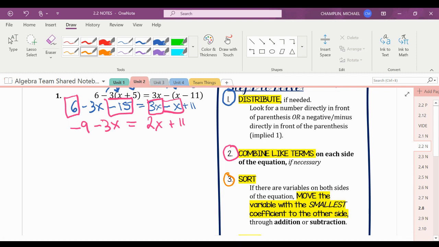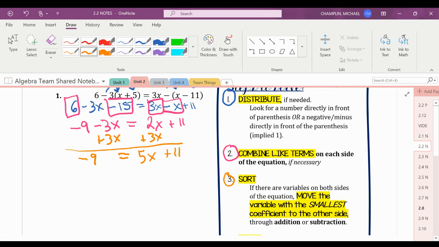Let us add 3x to each side because we want to get rid of the lowest one, which is the negative 3x. And then we just add them together, right? And you're going to get negative 9. And negative 3x plus 3x is 0, so you don't have to write anything. However, 2x plus 3x is 5x, and we did nothing with the 11, so we just bring that down. Awesome. Now we have negative 9 equals 5x plus 11.